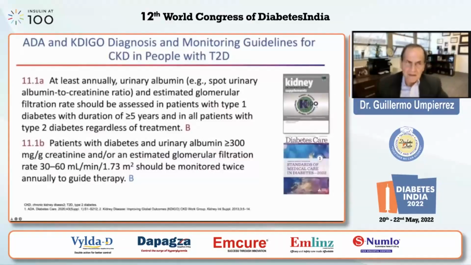So this is why the American Diabetes Association Standards of Medical Care in 2022 recommends, and the same thing for Kidney International, that you measure at least once a year a spot urinary albumin creatinine ratio. So not just albumin, but UACR, urinary albumin creatinine ratio, and also a blood test at least once a year to measure the glomerular filtration rate.